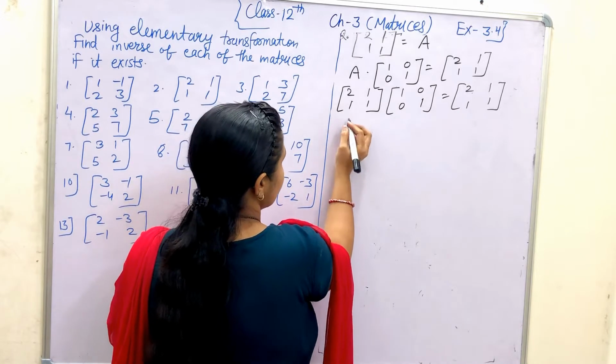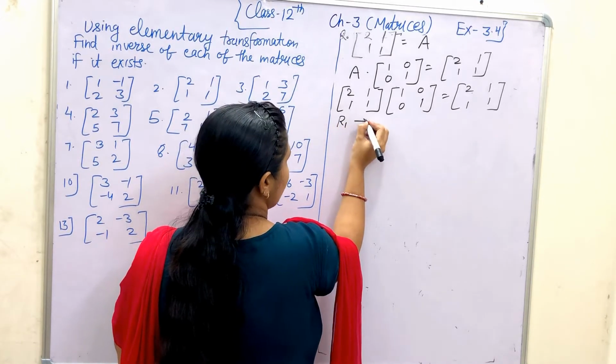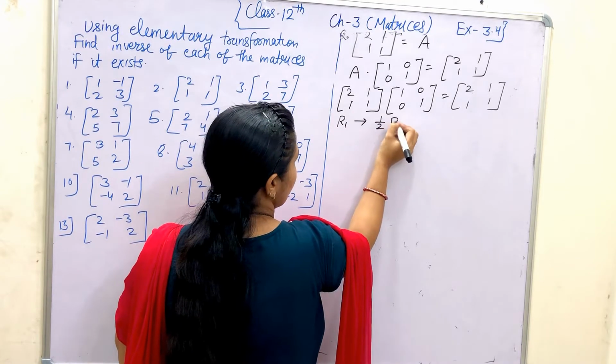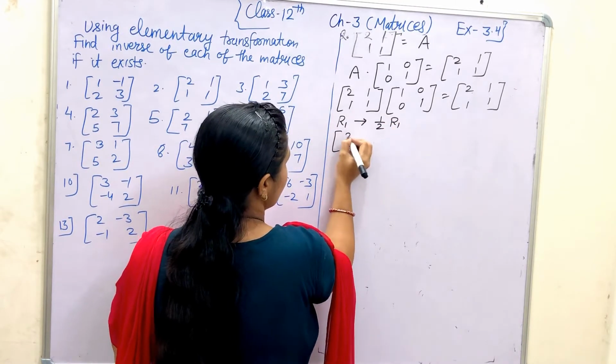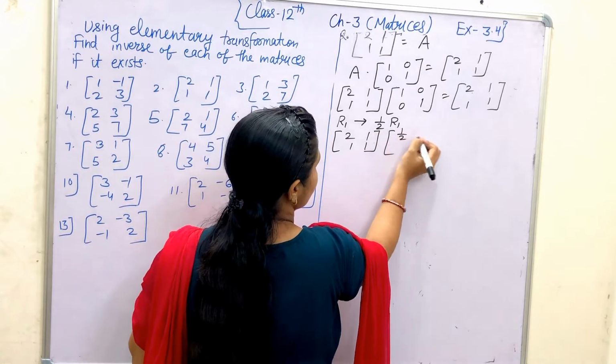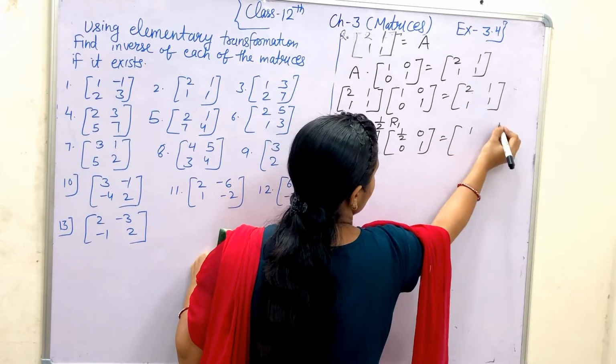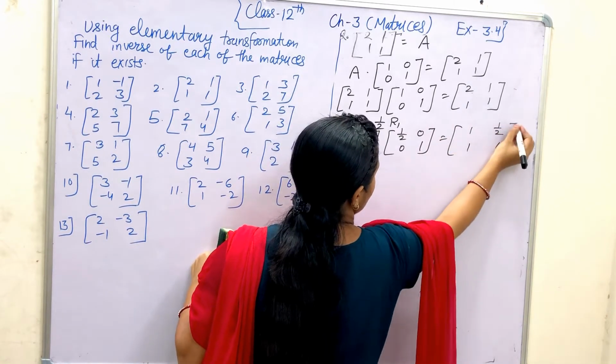So firstly we divide R1 by half. Now from 2, 1, 1, 1 and half, 0, 0, 1, we get 1, half, 1, 1.